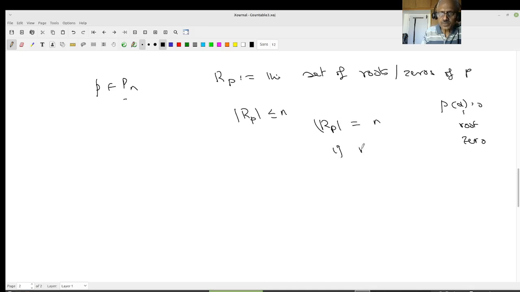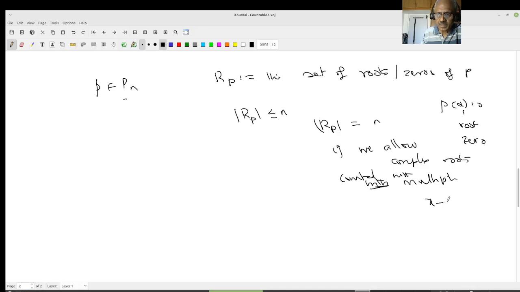If you allow complex roots, and also we count with multiplicity, counted with multiplicity. For example, if I say something like x squared minus 2, whole square, that's my polynomial.